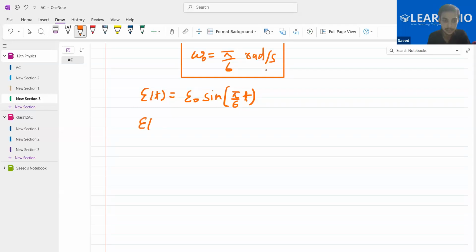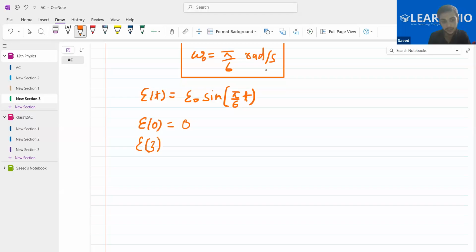Just tell me E of 0. Putting t to be 0, E of 0 will be 0 itself, right? Yes, it will be 0. E of 3 also.